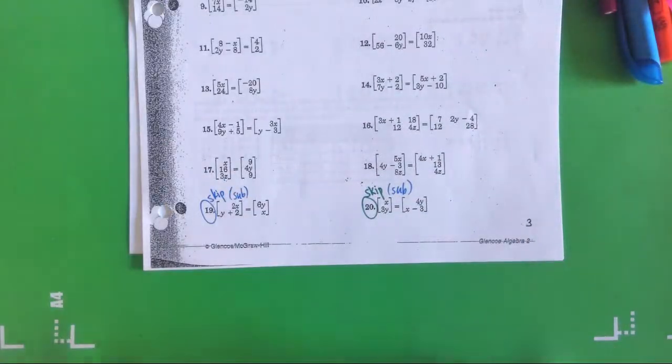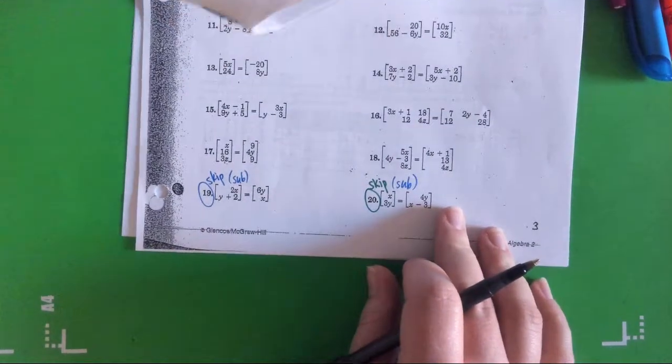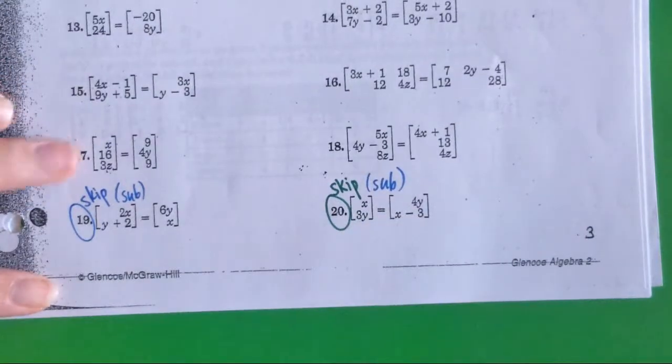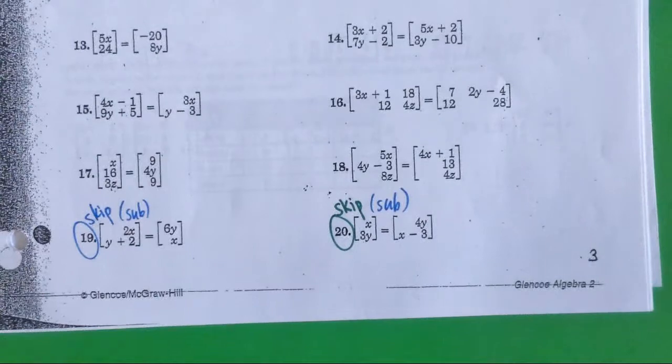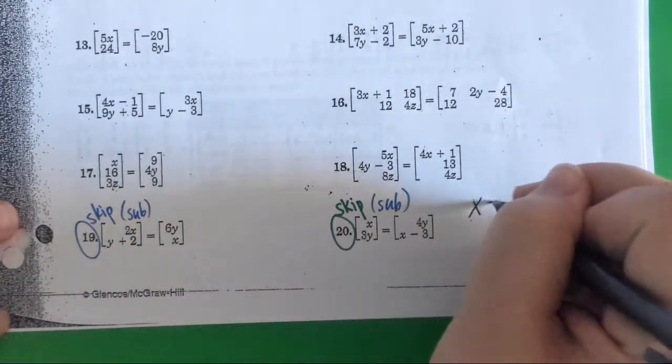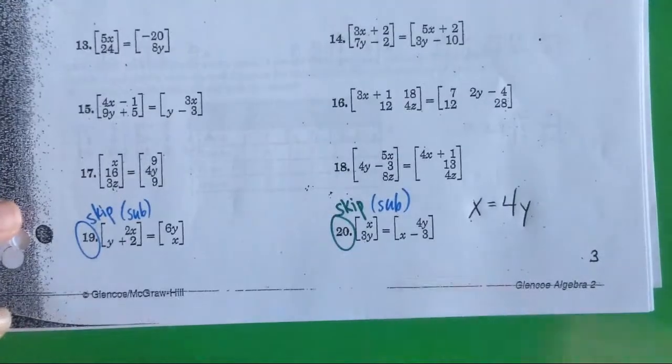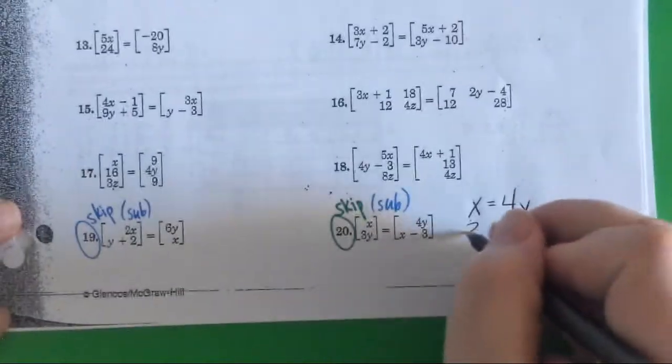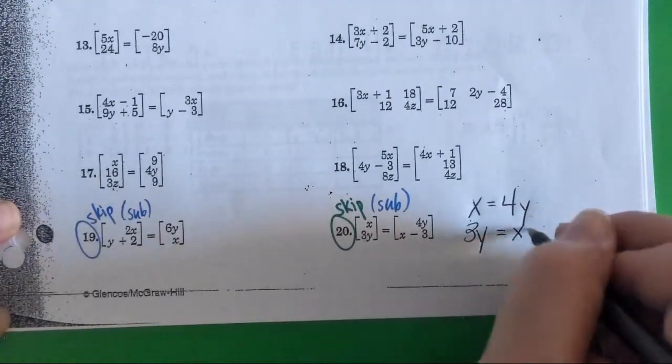So if we're looking at 19, actually let's do 20 first. So what we learned with matrices is that the top lines are supposed to match. So x is supposed to equal 4y. And the bottom lines are supposed to match. So 3y is supposed to equal x minus 3.